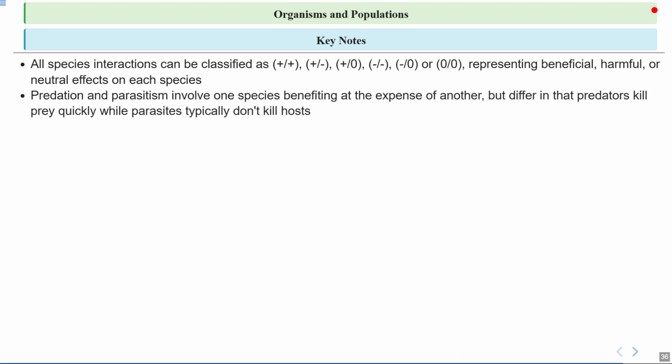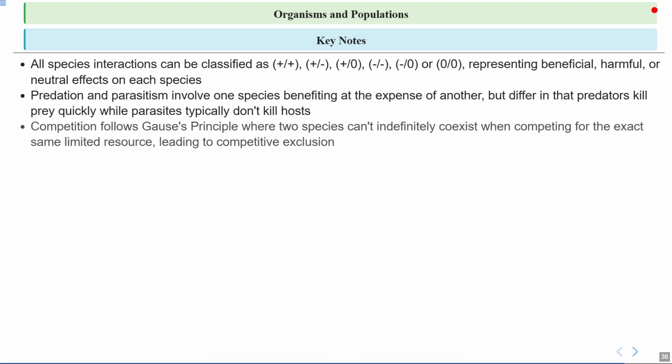Clear? Now predation and parasitism involve one species benefiting at the expense of another, but they differ in that predators kill the prey quickly while parasites typically don't kill the host. So parasites keep on absorbing nutrients from the host. The host becomes very weak, but usually the parasite will not kill the host.